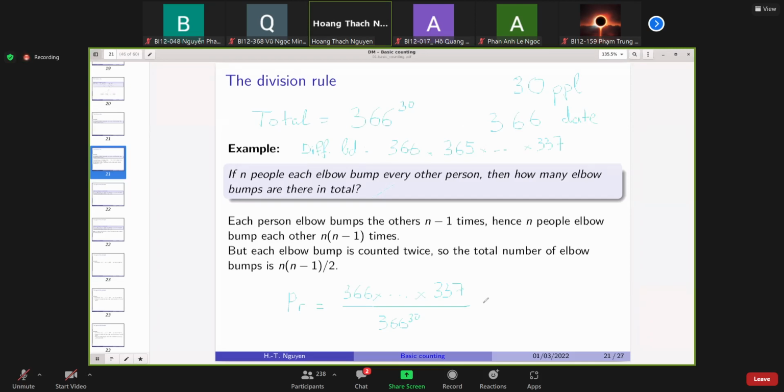And so this, you can write it as 1 times 1 minus 1 over 366, and so on, 1 minus 29 over 366.